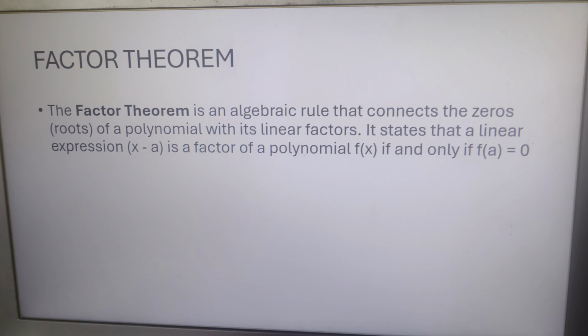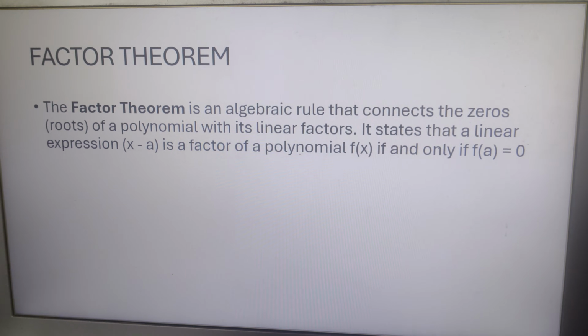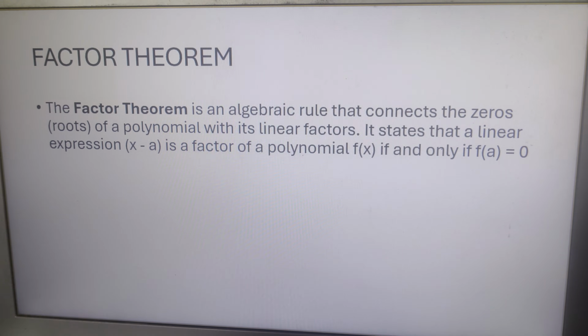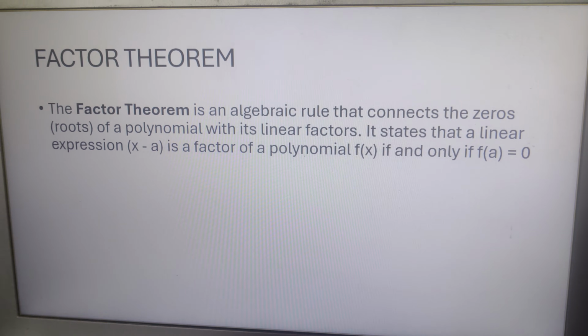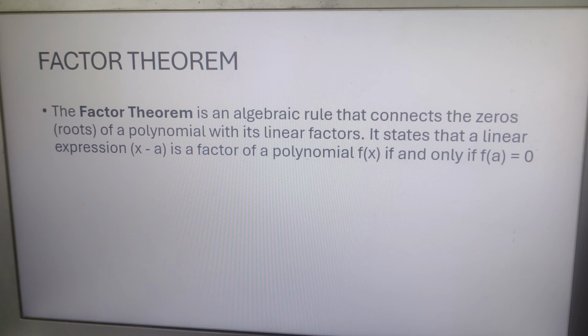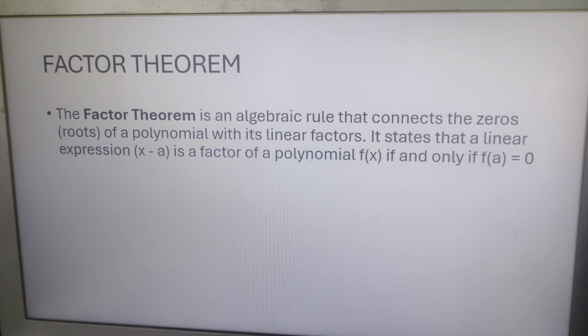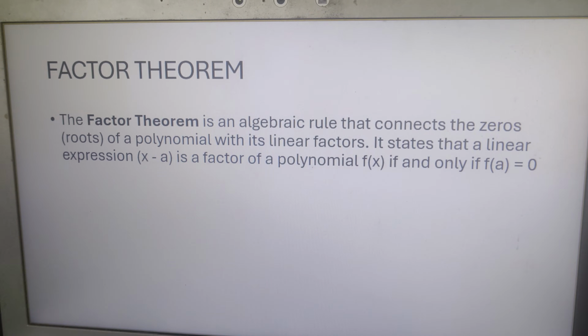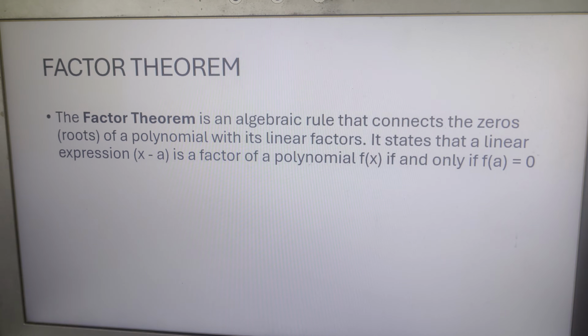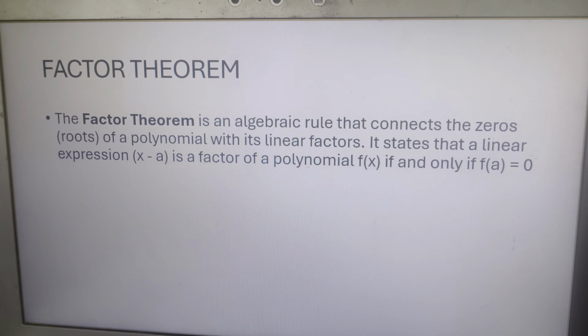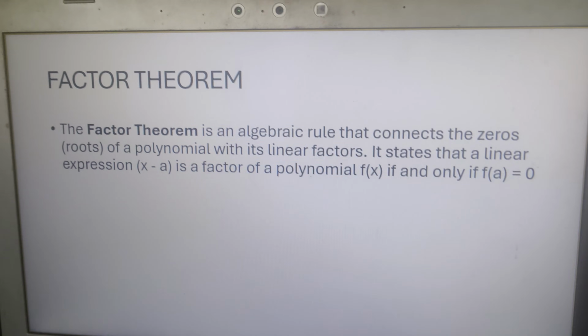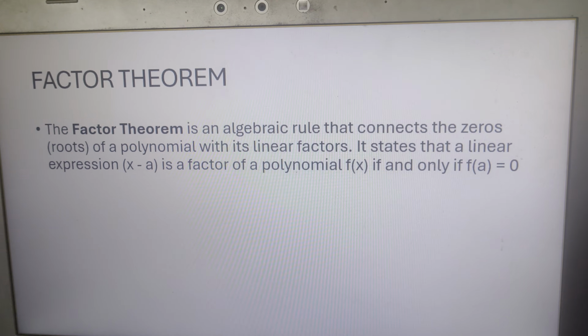The first is the factor theorem. The zeros or the roots of a polynomial: if in the polynomial you substitute some number, then the entire expression becomes 0, that is, p of x will be equal to 0.